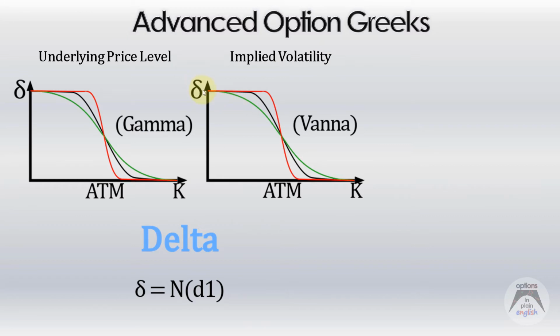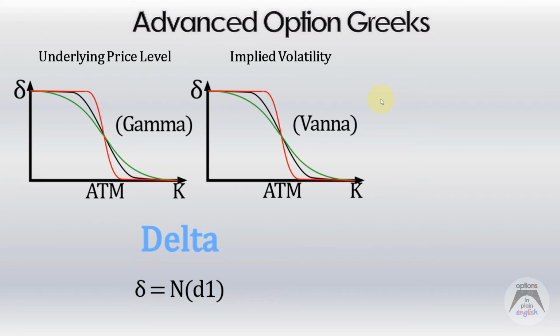Because of this, the curve here is going to have a very sharp angle, and it's going to again approach the actual value at expiration, which is 1 here and 0 here. Remember, at this point, we're seeing how changes in implied volatility affect the delta, and we're keeping everything else constant so that we can isolate the effect of implied volatility on delta.